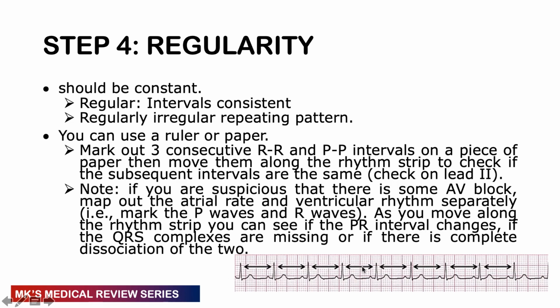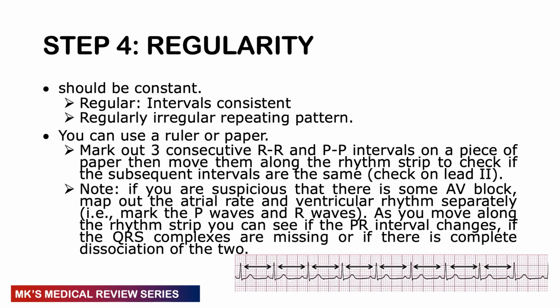The more you practice on your ECGs, the easier it gets to spot these out and say, okay, this doesn't look like it's regular. We can do this with the RR intervals as well as the PP intervals. It's nice to check on lead 2 because that's the one that you often get on your rhythm strip.